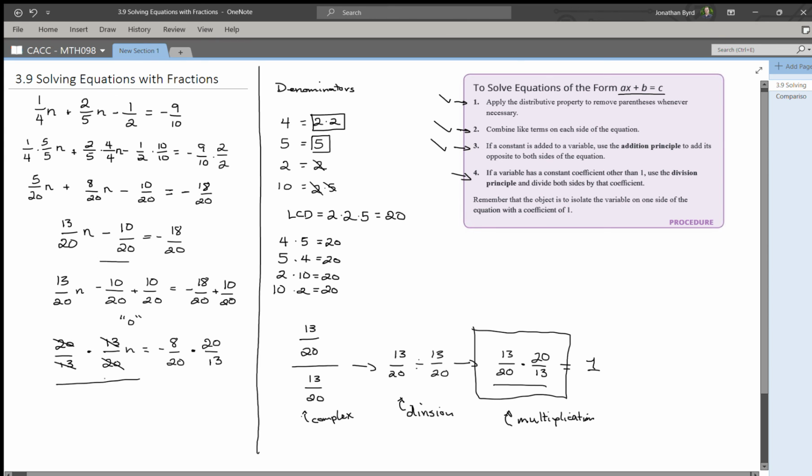And we knew that because we multiplied by the reciprocal specifically so that the fraction in front of n would cancel. The other thing that we see here is the 20 on the right-hand side, those 20s cancel as well. And really what they do is they factor out to just be 20 times 1 and 20 times 1, and the 20s cancel and they leave a 1.